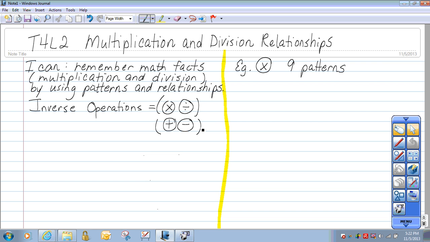When we talk about patterns in multiplication, some of the common patterns that we remember are our 9 patterns.